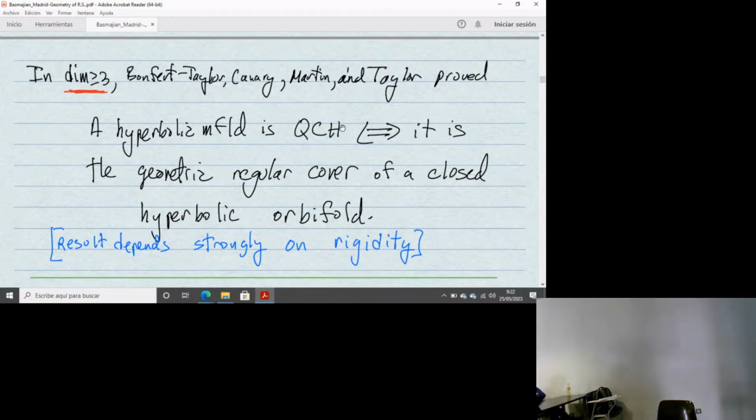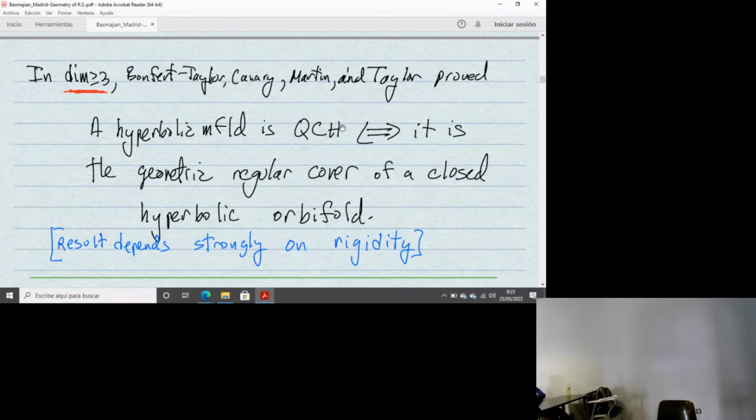Huh? You're going to point at something? No, I don't think you said what was in your head. Now you know what's in my head. No. What did I say? I said, is every hyperbolic surface that's QCH. Yeah, you said closed. Oh, I'm sorry.